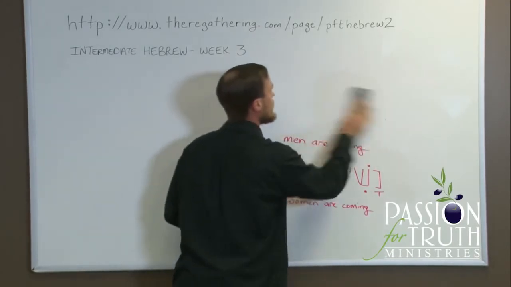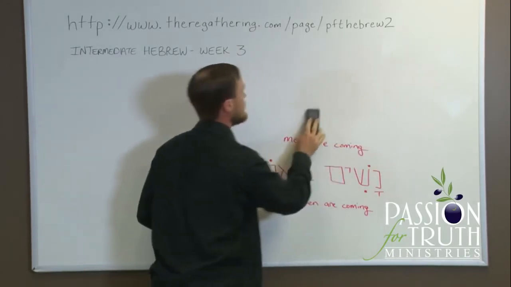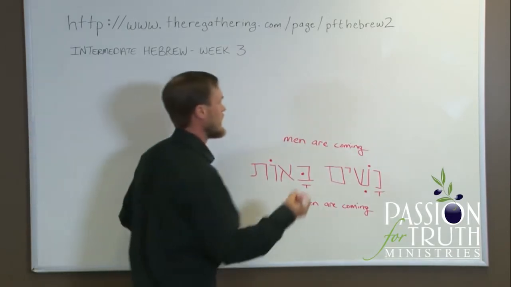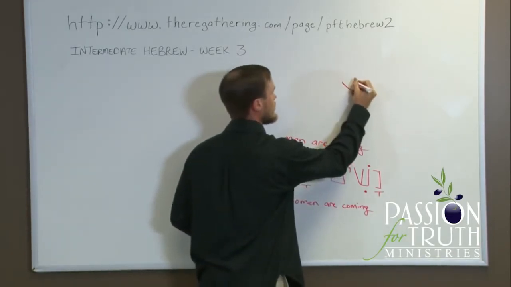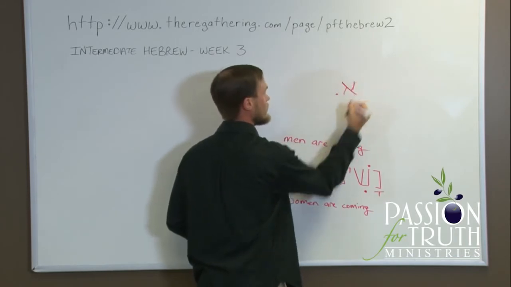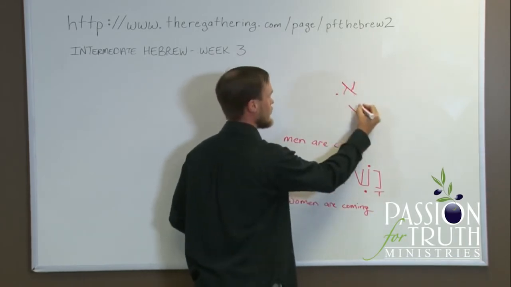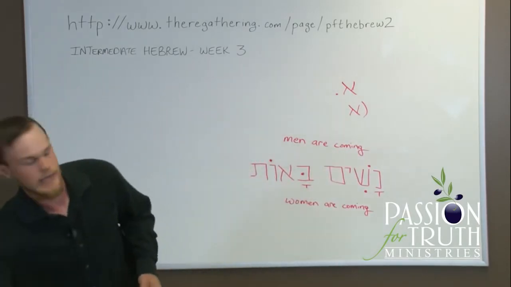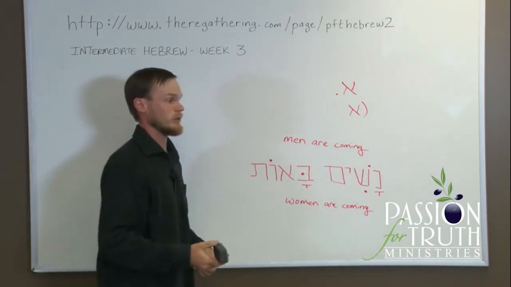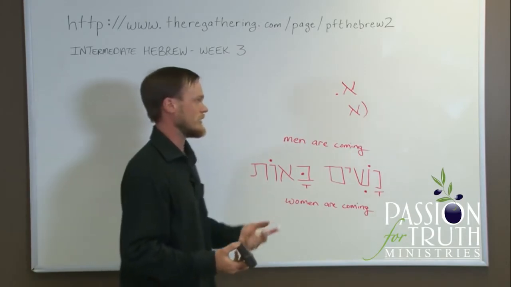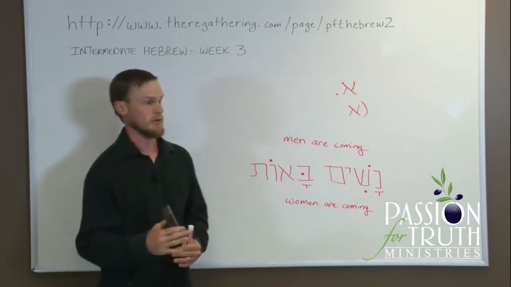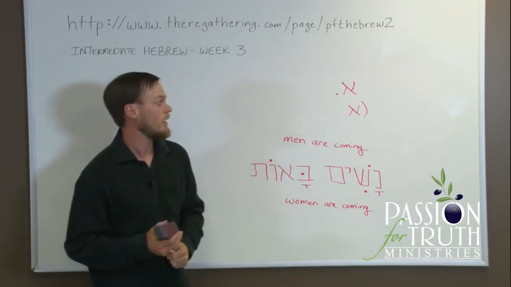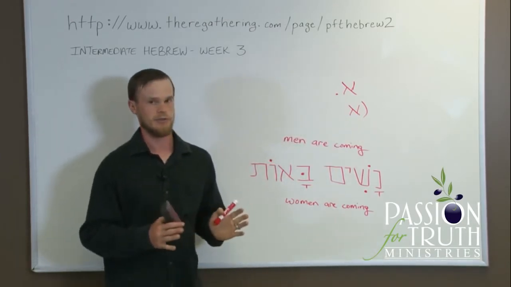But if you wish to write the number 1 in Hebrew, there's 2 ways to do it. You can go shorthand. If you just write an aleph, like that, or making a list or whatever you happen to be doing, you can use the letters and their numerical value as shorthand. In fact, if you read a Tanakh, when it gives the chapter numbers, it gives them via Hebrew letters. That's the only time you'll see that.